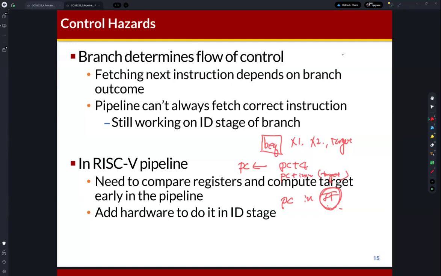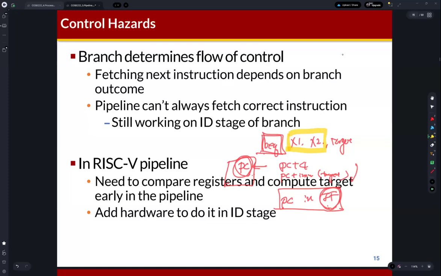But until the PC is set, we don't know the value of this PC. And when this PC value is set by BEQ, in order to know the correct value of the PC after the BEQ, firstly we need to check the condition.